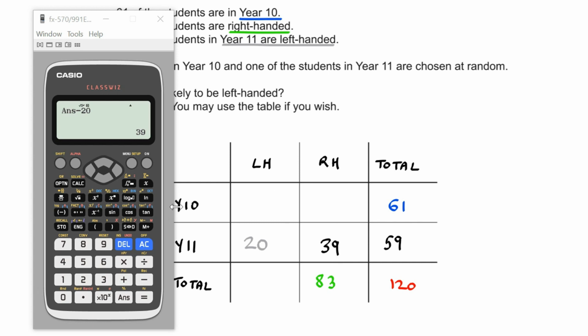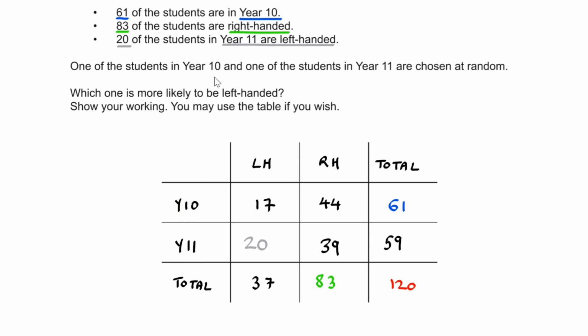And those who are in Year 10 and who are right-handed, we have 83, take away this 39, which is 44. And those in Year 10 who are left-handed, we have 61 take away 44, which is 17. And the total of those who are left-handed will be 17 plus 20, which is 37.